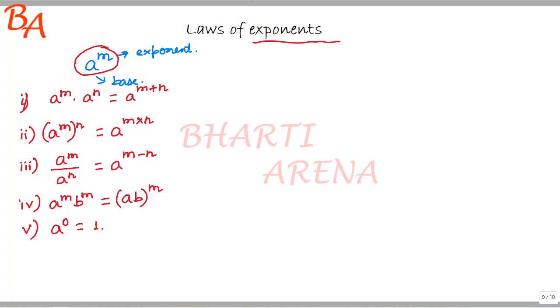So if the exponent is 0, it equals 1. Next is a to the power minus n equals 1 by a to the power n. So a minus 1 exponent is a reverse exponent, it is actually reversed. That is a to the power minus 1 equals 1 by a.